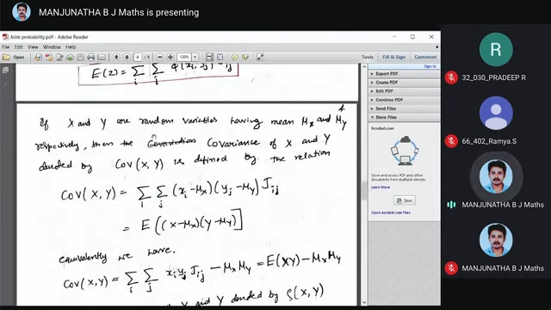Next, if x and y are random variables having mean mu x and mu y respectively, then the covariance of x and y is defined by the relation: covariance of x comma y is summation i summation j, xi minus mu x into yj minus mu y, fij.